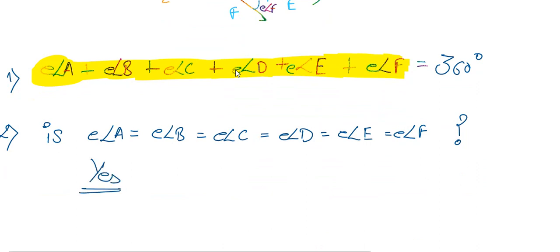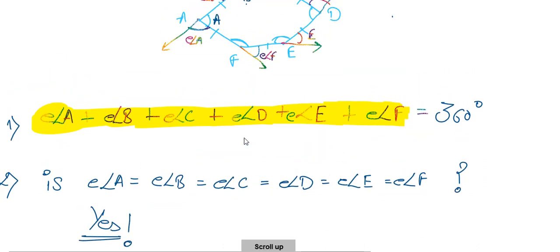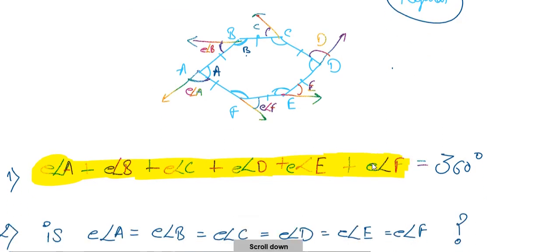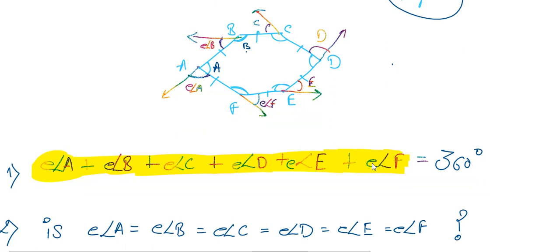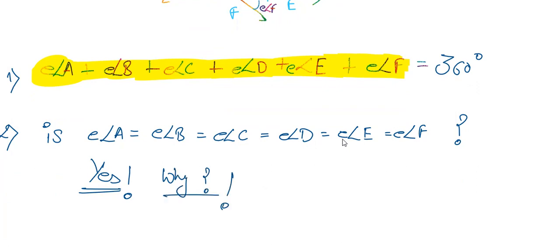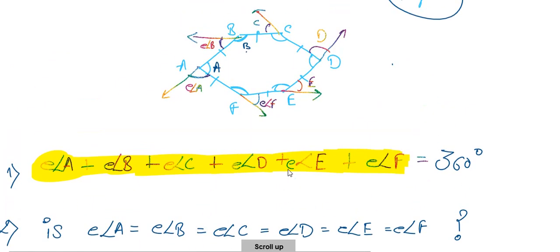Since it is regular, all my external angles also would be of equal measure. Okay, let us now move ahead. If it is yes, then you have to figure out why it is so. Can you guess why it is so?